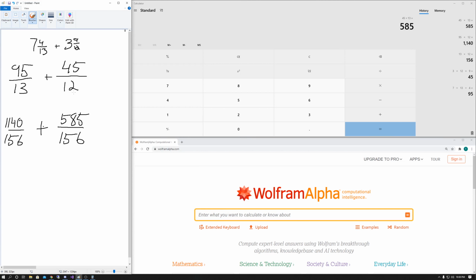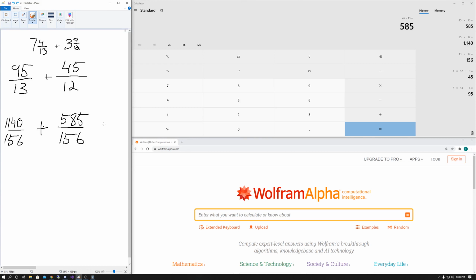So if you take it step by step, you're multiplying these first to get the denominators, and then you're multiplying this to get the first numerator, and you're multiplying these two to get the second numerator.